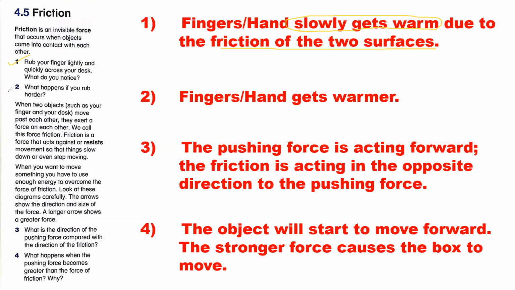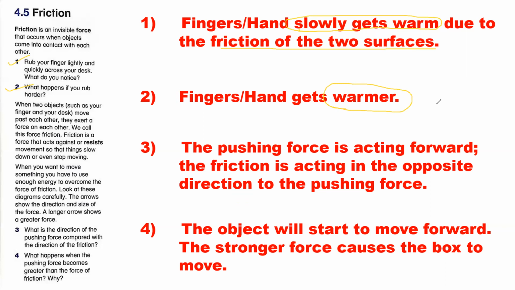Number 2. What happens if you rub harder? That means if you put your fingers against your desk right now, you can try it with a faster motion. What happens? Obviously your fingers or your hand gets much warmer. Have you wondered why it gets warmer?